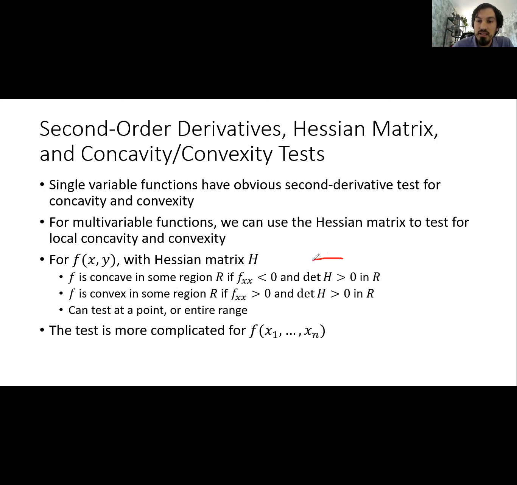This does not flip. So be careful here. Don't just think that convexity is positive fxx and positive determinant, and concavity is negative fxx and negative determinant. That would be wrong. Actually, you need this determinant to be positive in both cases.